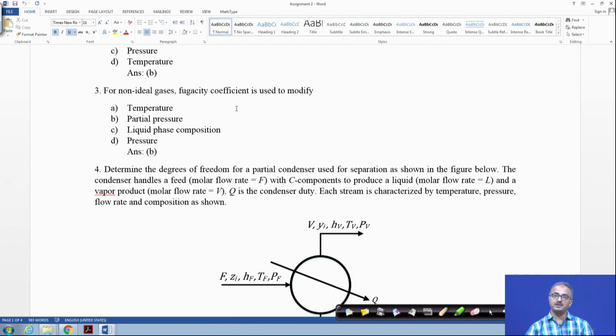It can be applied for liquid, and it may be applied for vapor. I am not going into detail of these thermodynamics because that is not the focus of this particular course, but just telling you a bit of it. In general, the fugacity coefficient is also composition dependent, besides temperature and pressure. But it does not depend on the partial pressure.